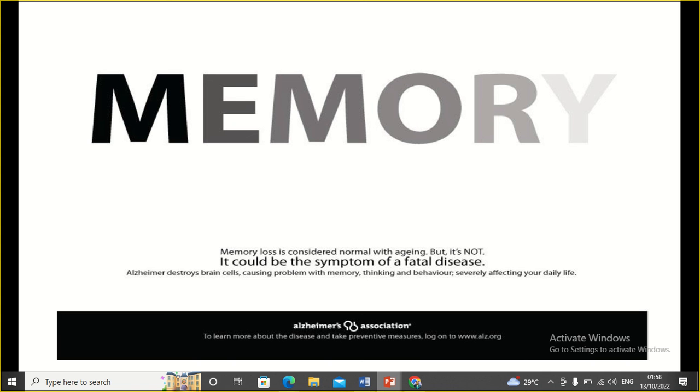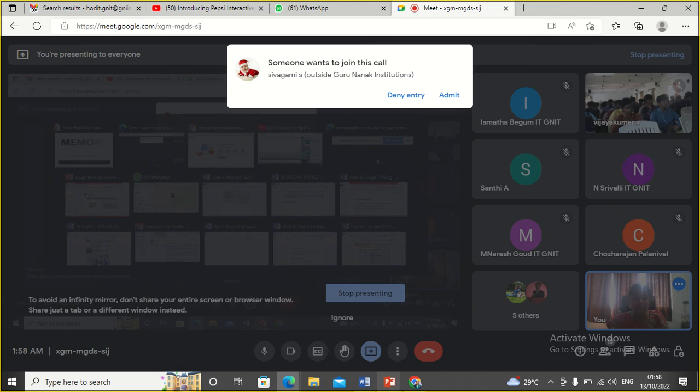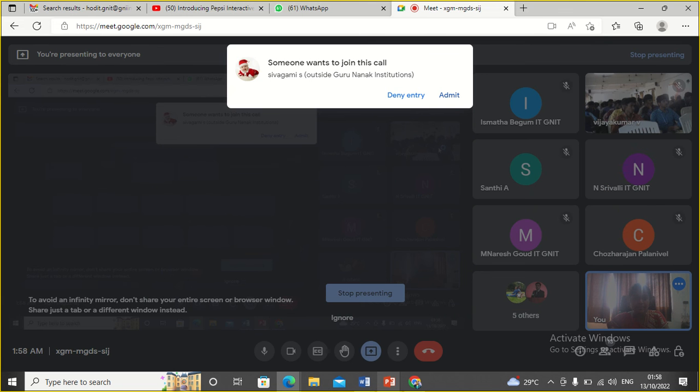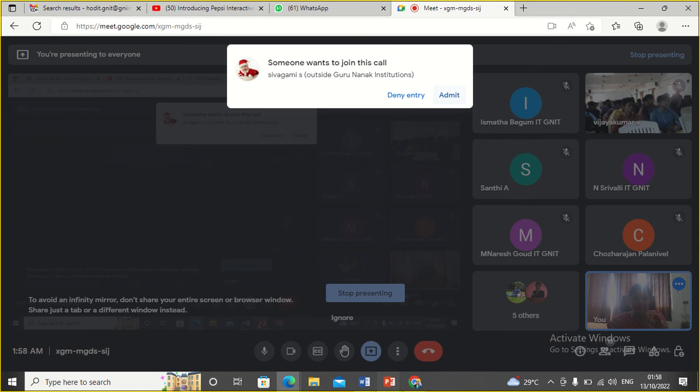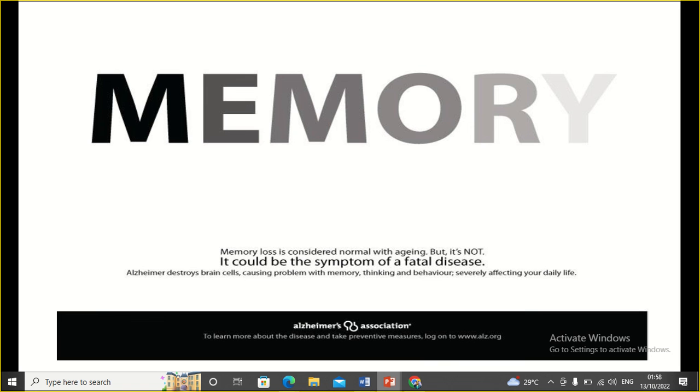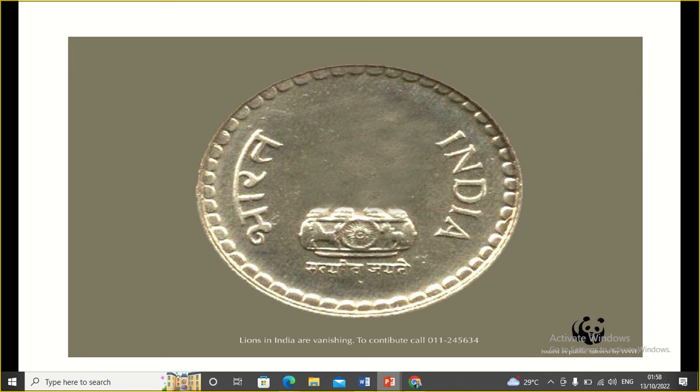So this ad emphasizes that memory loss can lead to a fatal disease.